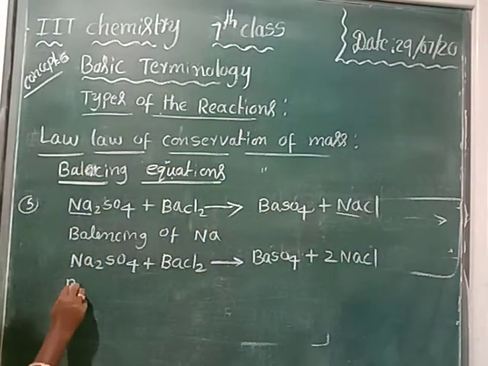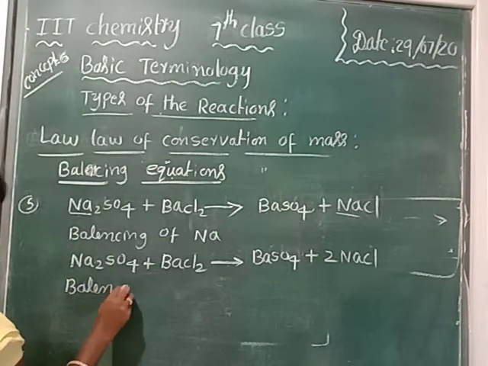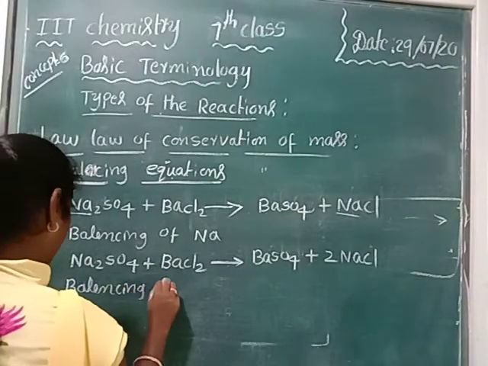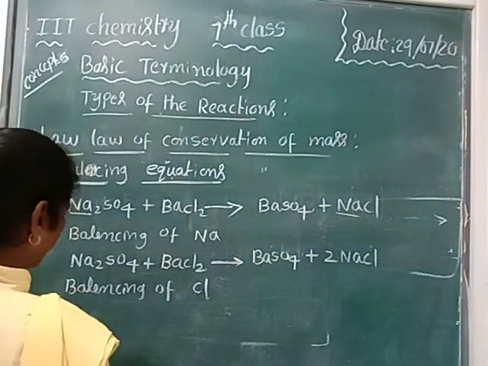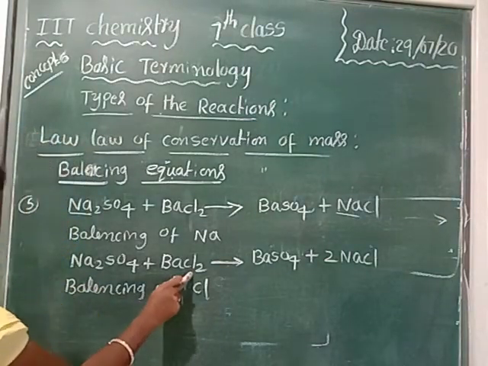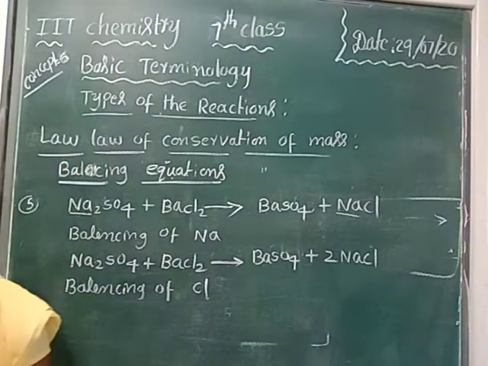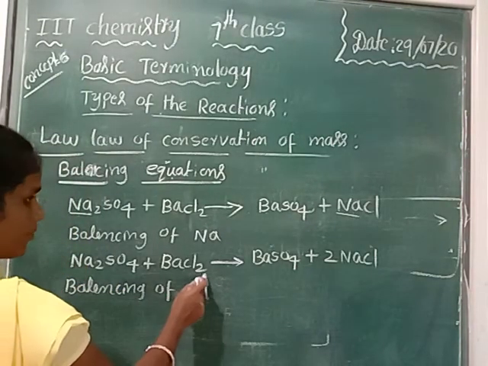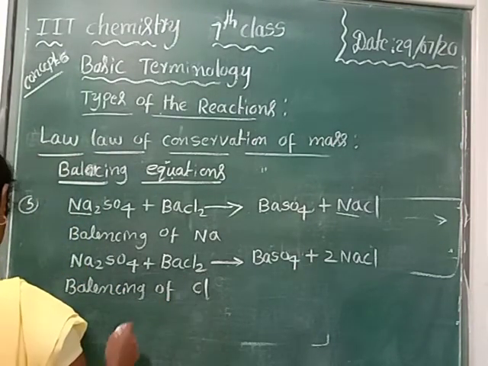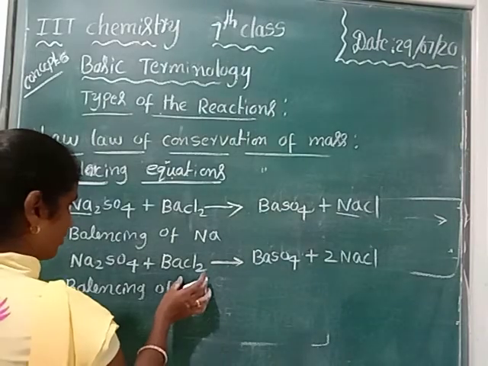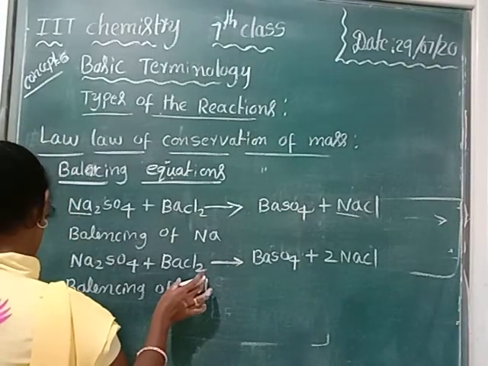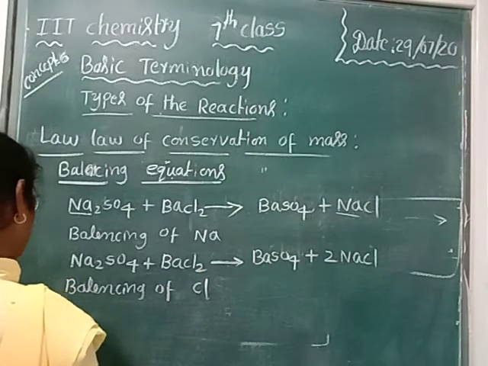Balancing of chlorine atom. How many chlorines are there here, children? 2 chlorines. Here also 2 chlorines. In barium chloride, sodium chloride, here 2 chlorines, here 2 chlorines. So this equation is also balanced.